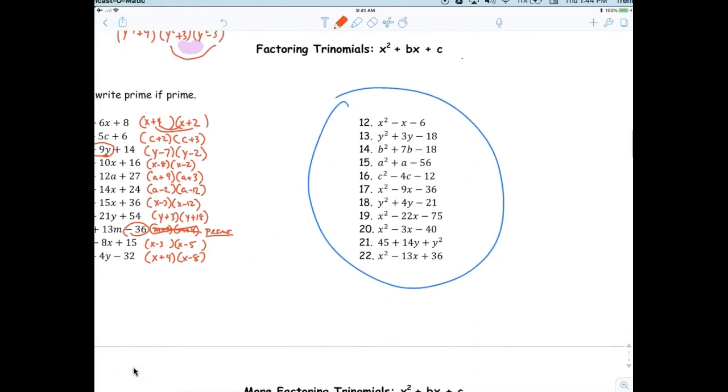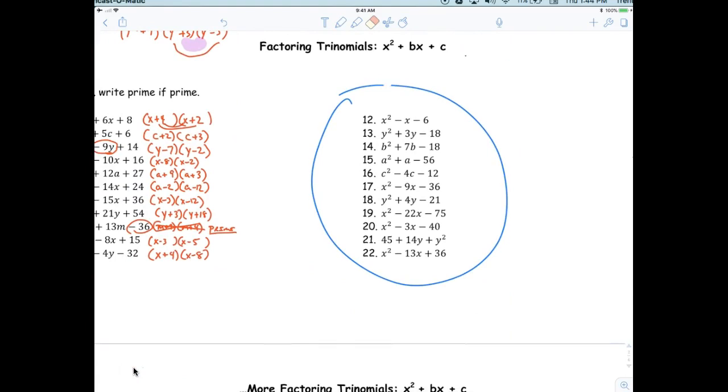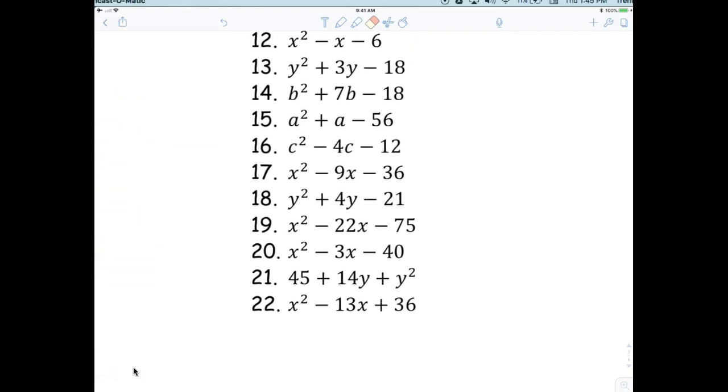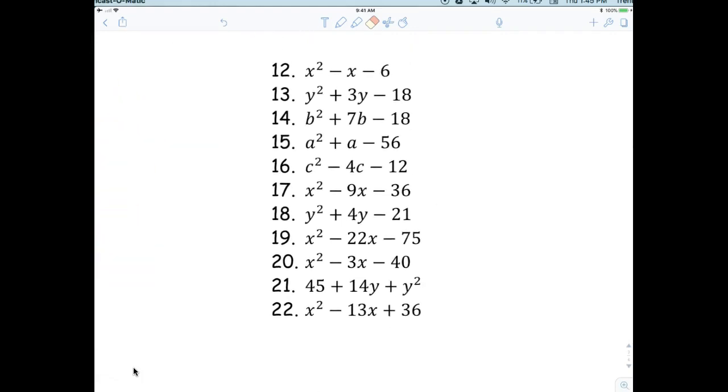Okay, let's take a look at now when the leading coefficient is a 1, this should be pretty easy for you. All right? Now, I'm going down the right side again. That should be pretty easy. So, somebody tell me, number 12. Good job. X minus 3, x plus 2.